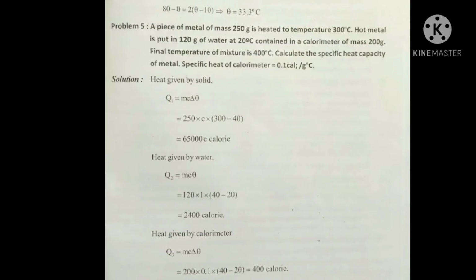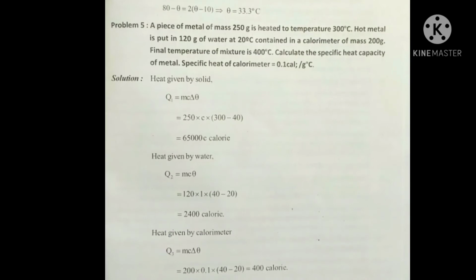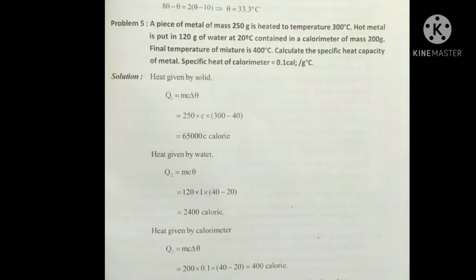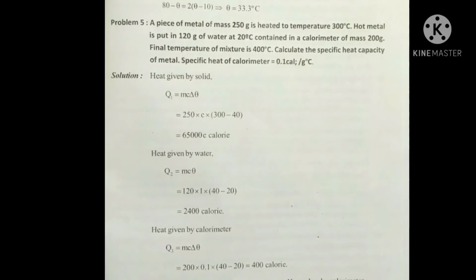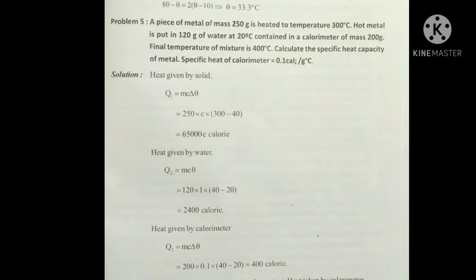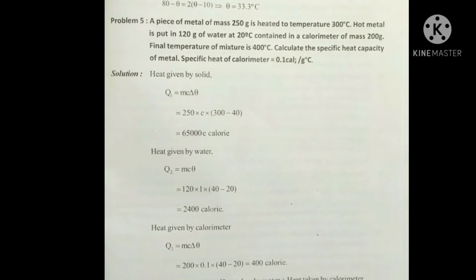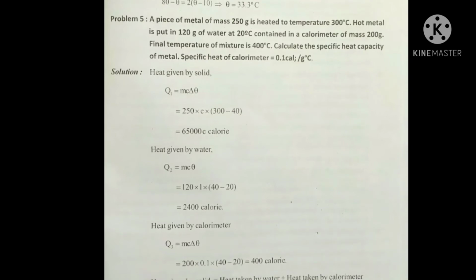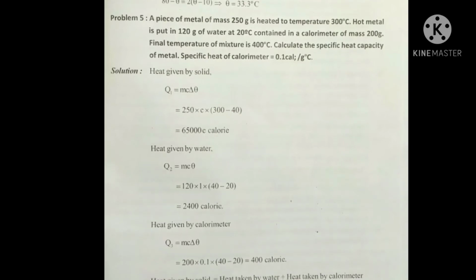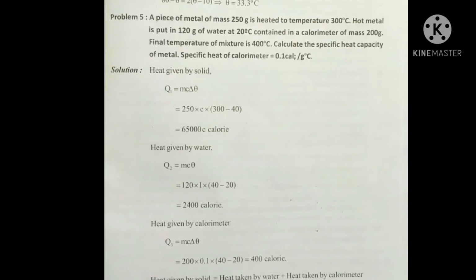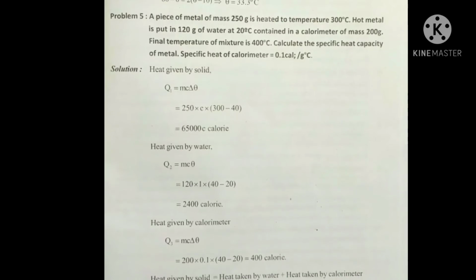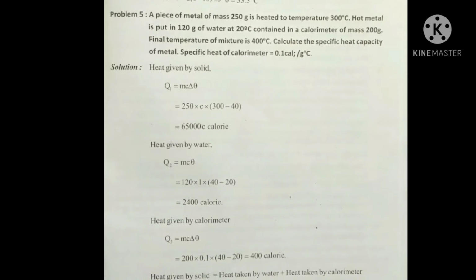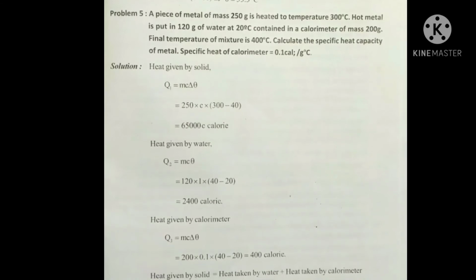So here our formula: heat given by the hotter body is equal to heat taken by the cold body. Heat given by the solid, our formula Q equals M C delta T. Here the mass of the metal is 250 grams into C, where C means the specific heat of the metal, into the change in temperature delta T. The actual temperature of the material is 300 degrees centigrade.